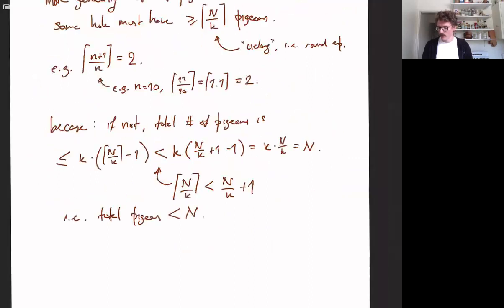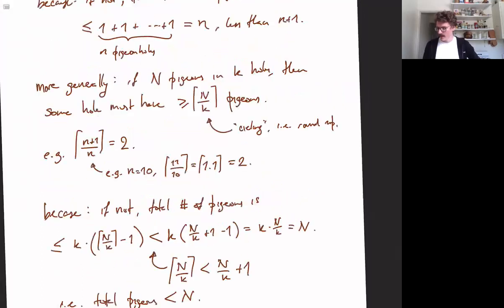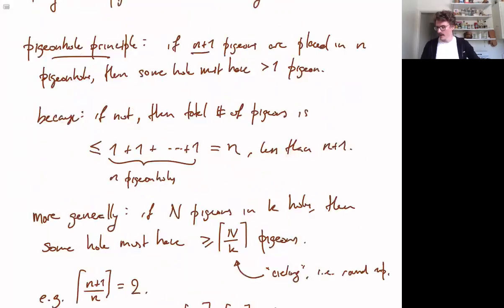And of course, we can't have that if we're saying from the start that we're putting n pigeons in these holes. So this is a little bit of a long-winded discussion, just to say that if you have something besides n plus 1 and n, then you just need to take this ceiling and see what that gives you.